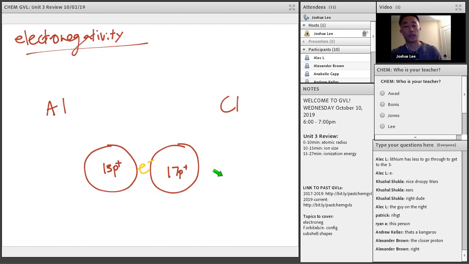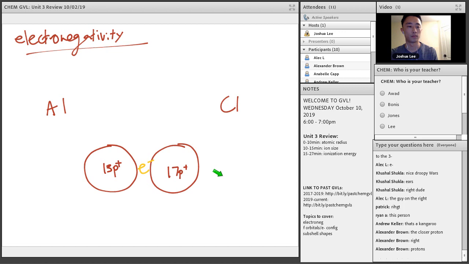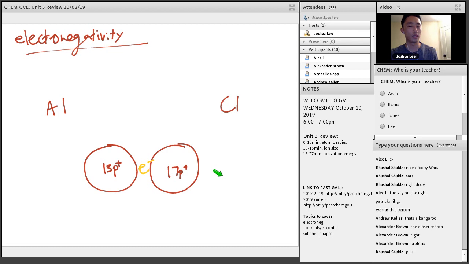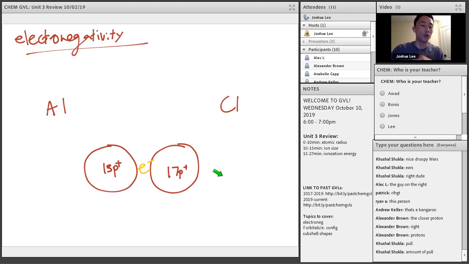So distance-wise, from the nucleus to the electron, is there any real difference? Is there any real difference between the nucleus and the electron? Yeah, it's more so just the pull, not the distance, because granted chlorine is going to be a little bit smaller, but if you look at the third energy level to the third energy level, it's pretty similar.